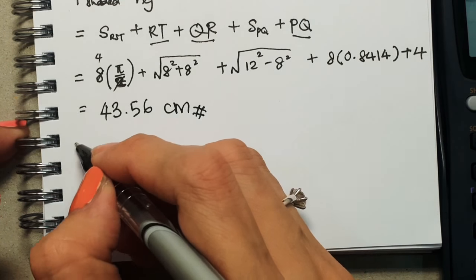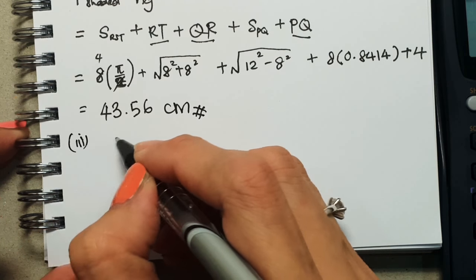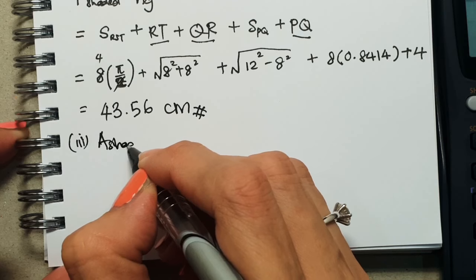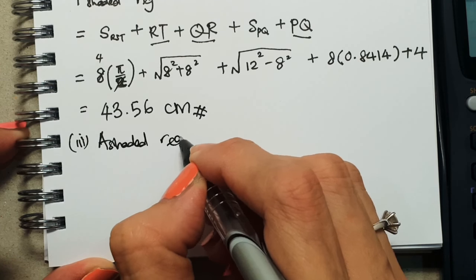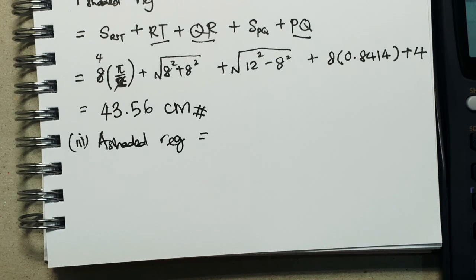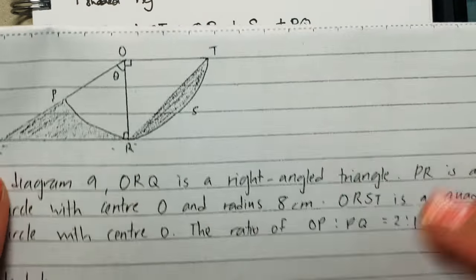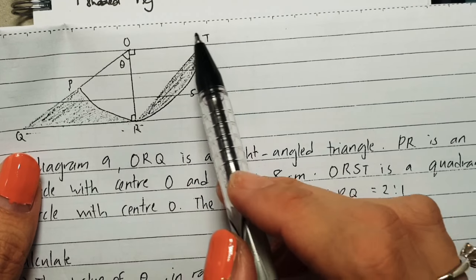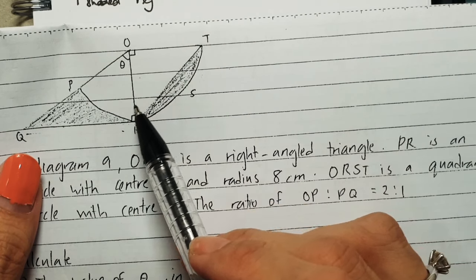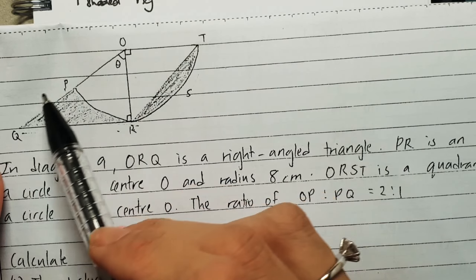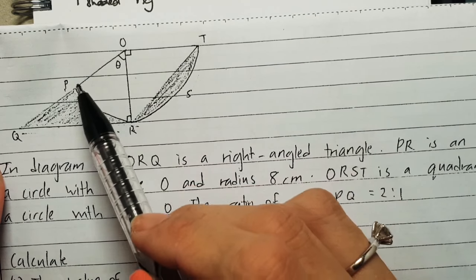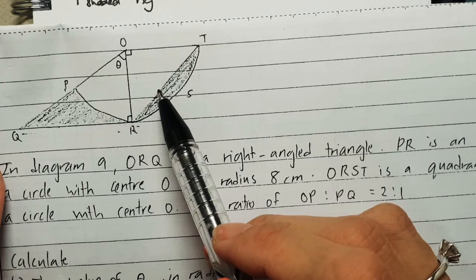Part 3, we need to find the area of the shaded region. Okay, that will be taking the quadrant minus the triangle here, plus taking the triangle minus the sector over here.